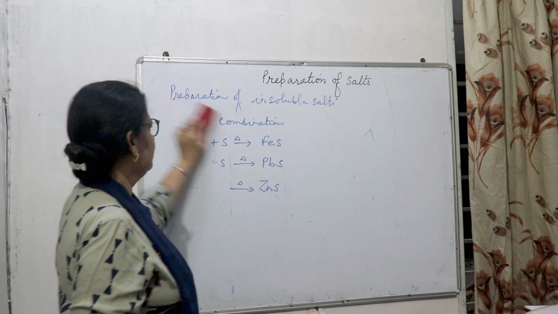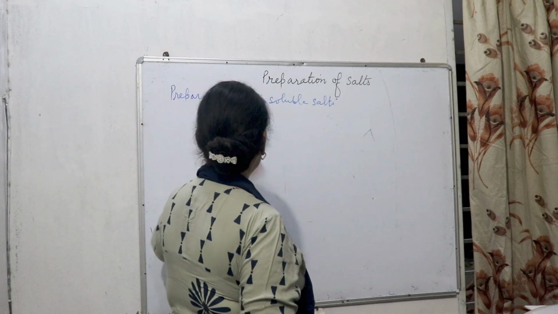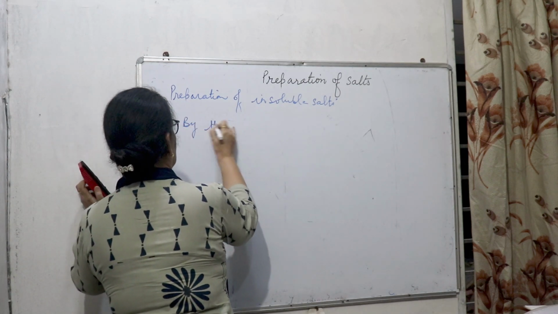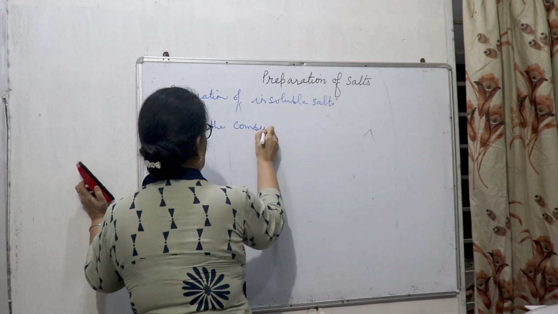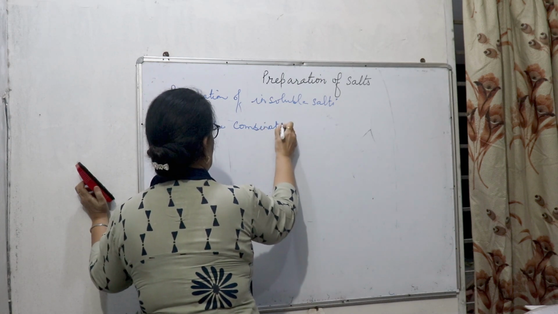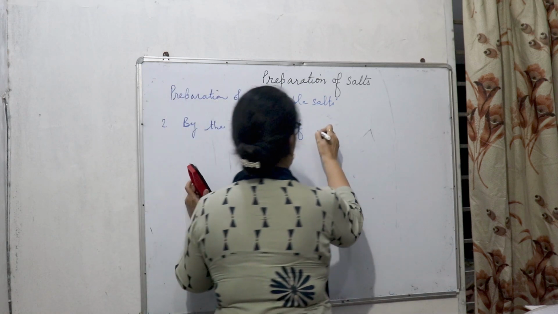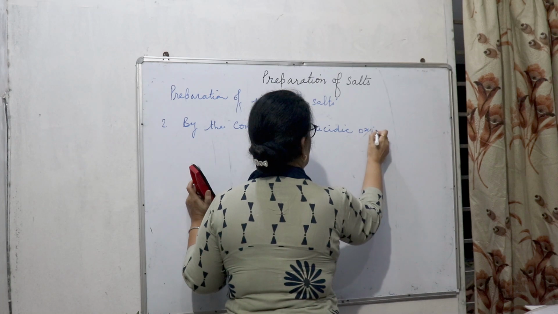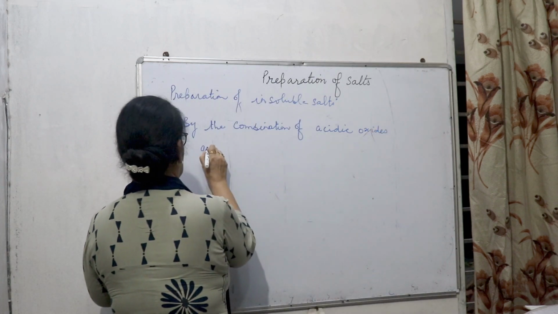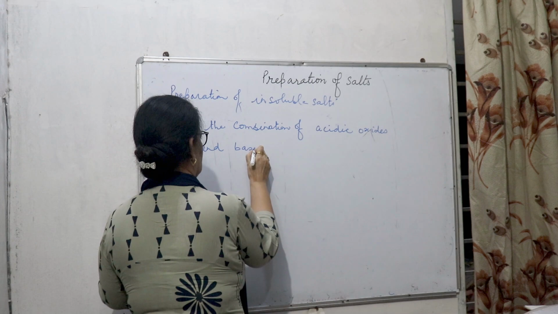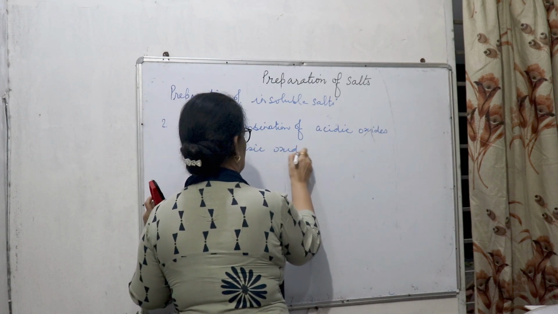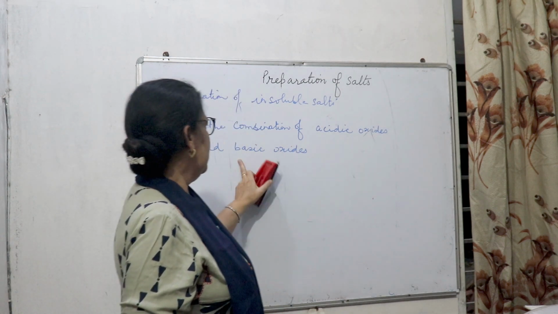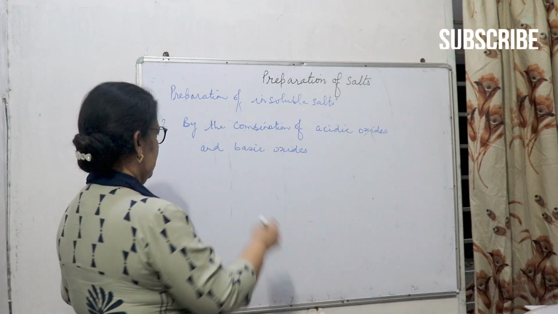Second method, that is by the combination of acidic oxide and basic oxide. We know that non-metallic oxides are acidic oxides, and basic oxides are the metallic oxides.